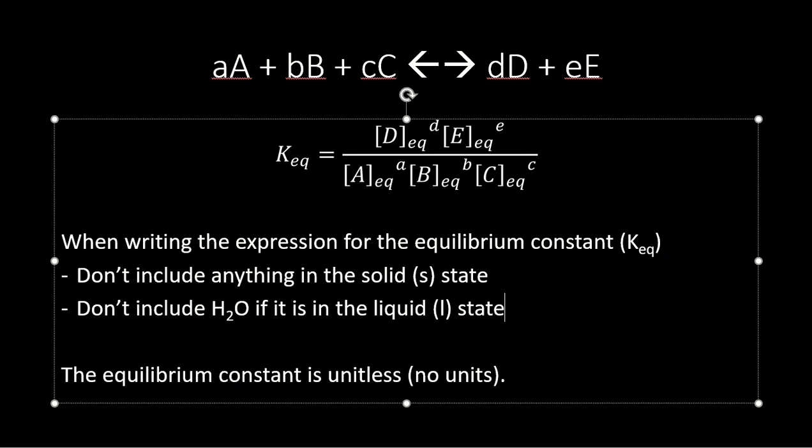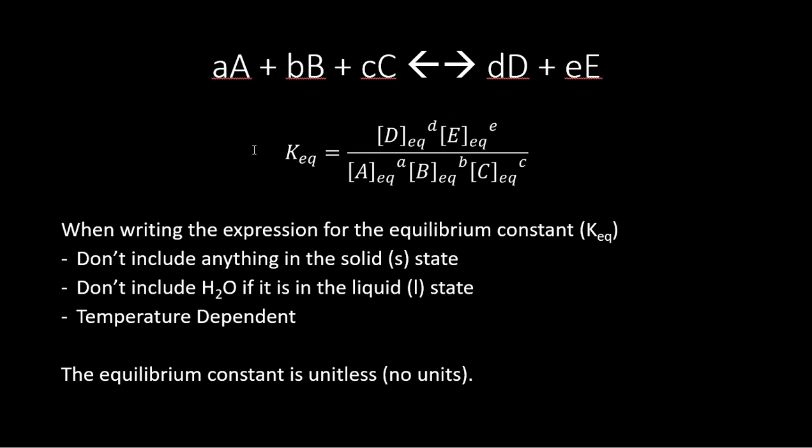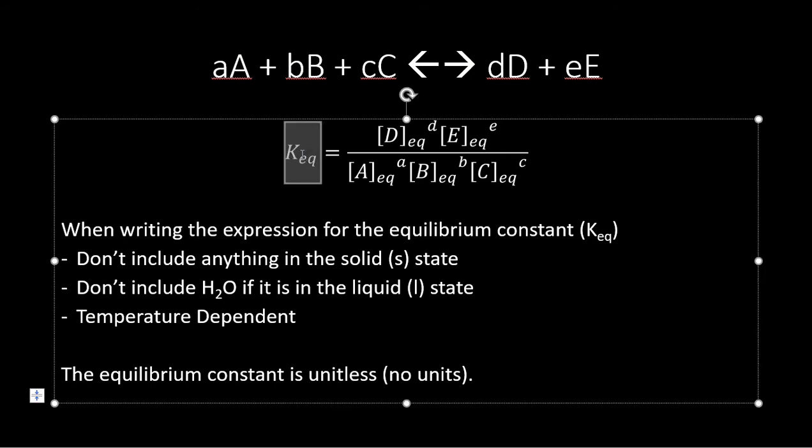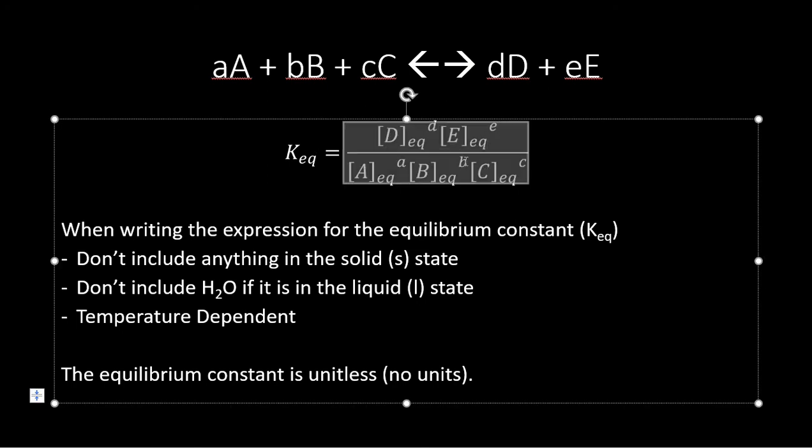And one more thing I should note, the equilibrium constant is temperature dependent. What that basically means is the value that you get for the equilibrium constant can change, it can become different at different temperatures. But essentially, as long as you have these concentration values, that's all you need to worry about.